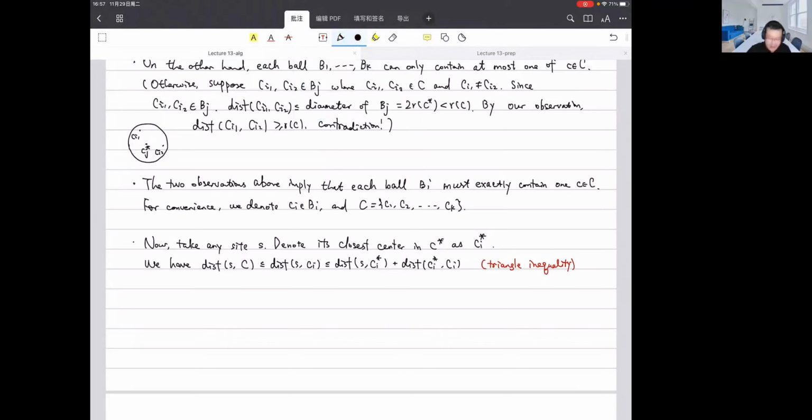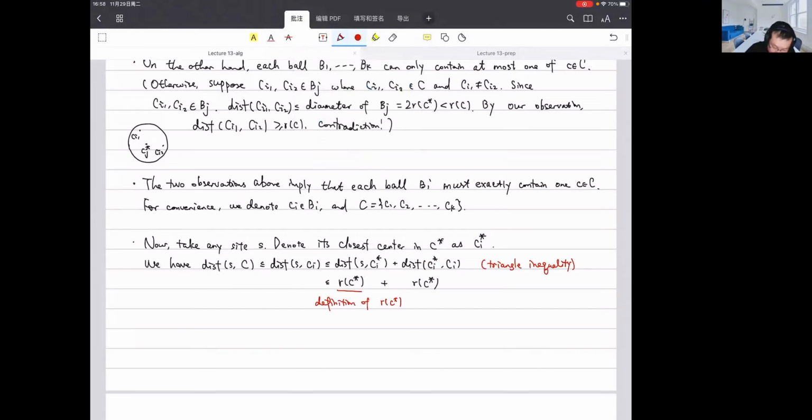After knowing this, the first term is going to be smaller than or equal to R of C star, just according to the definition of R of C star. And the second term is also smaller than or equal to R of C star because, based on our discussion above, this Ci is in Bi.